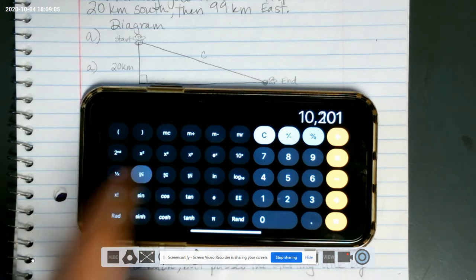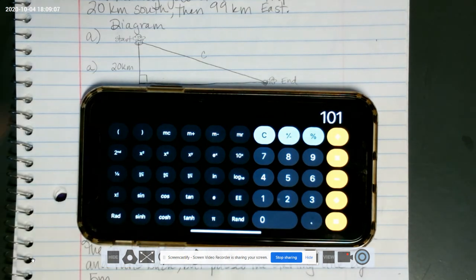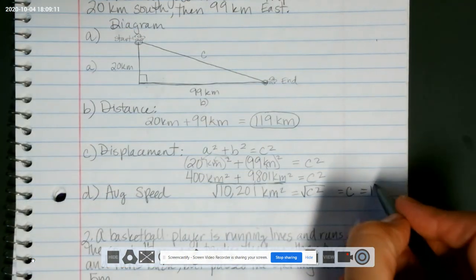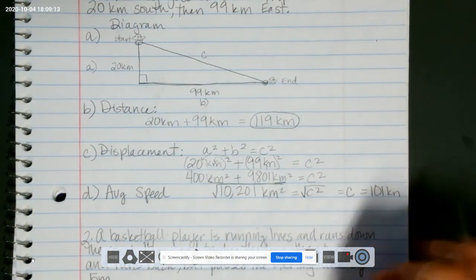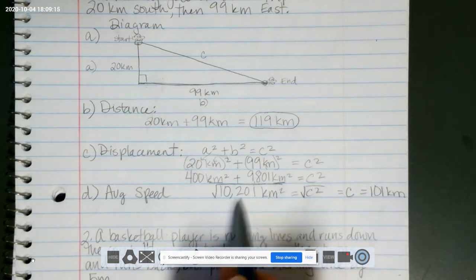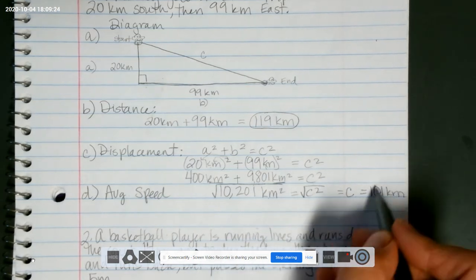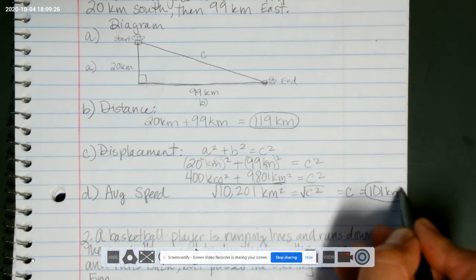So I'm going to hit that button and it square roots it for me. The answer is 101 kilometers. I didn't just square root the number 10,201. I also square rooted this kilometer squared, got rid of the squared. So basically got rid of this squared, got rid of the squared, and told me that c is 101 kilometers.